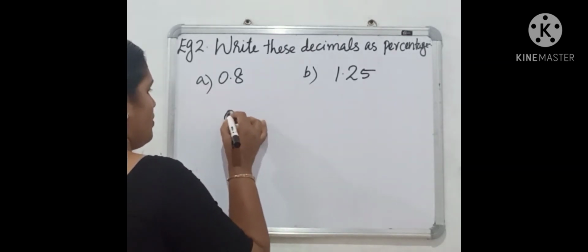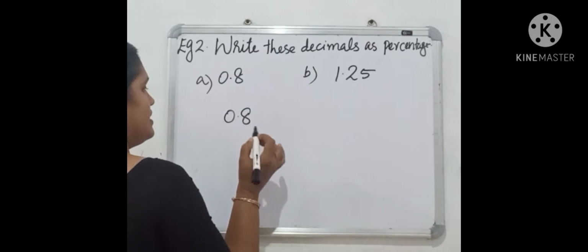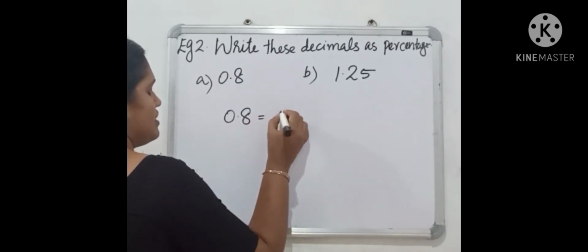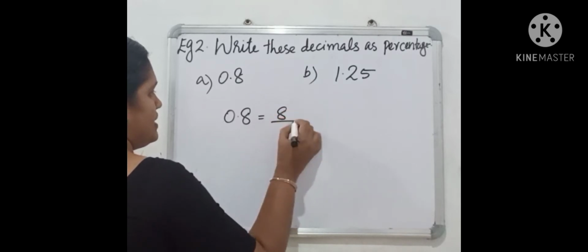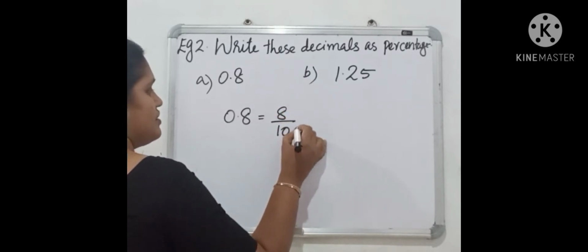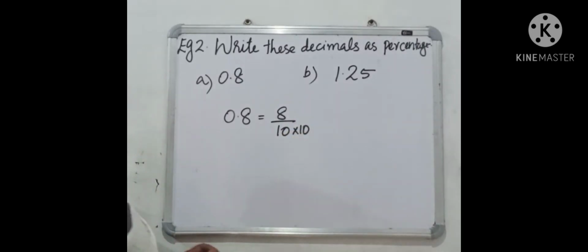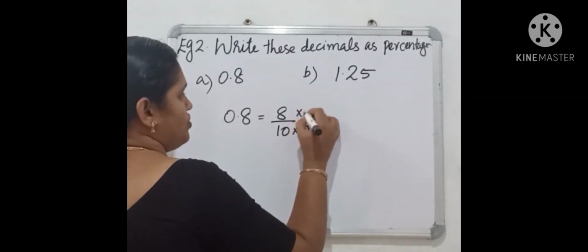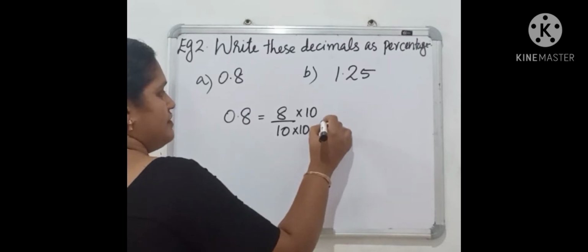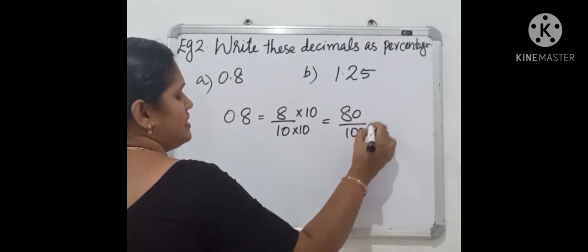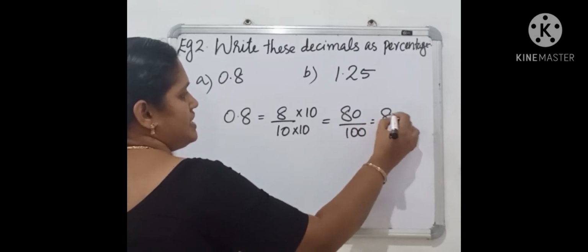0.8. 0.8 we can write as 8 by 10. To get 100 here, we should multiply here by 10, here also by 10, which equals 80 by 100. This equals 80%.